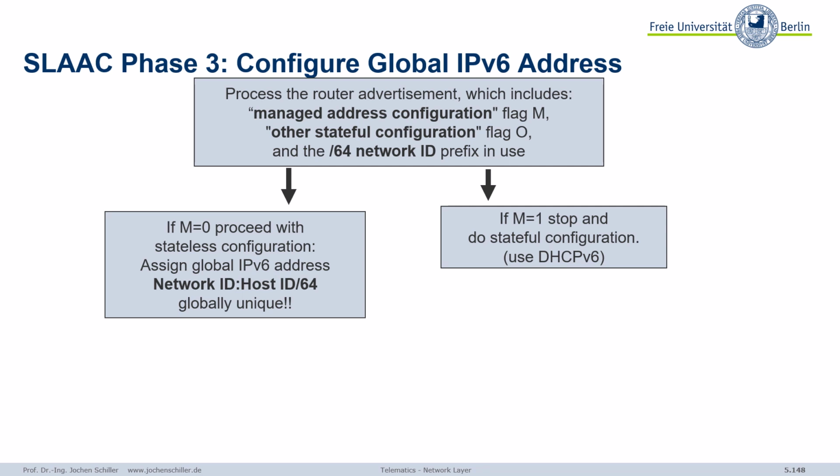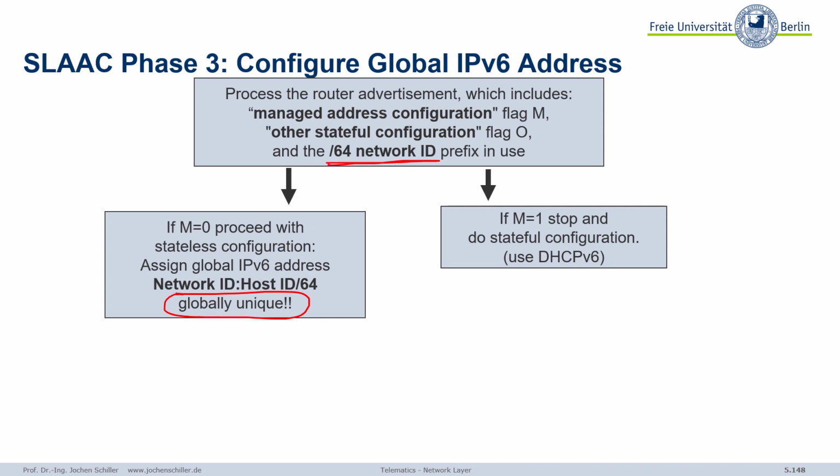So you see, even without DHCP, we can automatically generate a globally unique address. We take the network ID here and say, okay, great, that's the network ID.